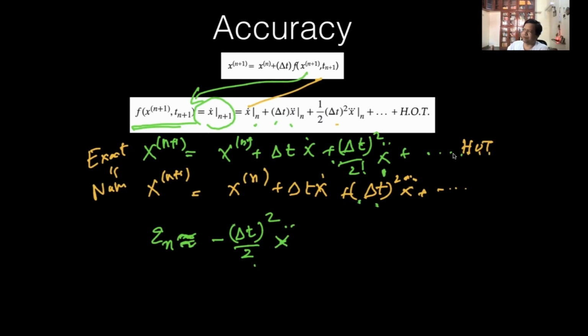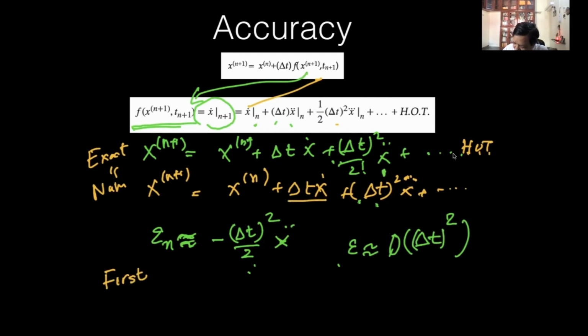So imagine that I use 10 power minus 2, then this is 10 power minus 4, and next is 10 power minus 6. So we can ignore 10 power minus 6 for estimates. So my error is of the order of delta t squared. So we write order delta t squared error. And this scheme is first order accurate. Accurate only up to delta t. The accurate part is only here. First order accurate.